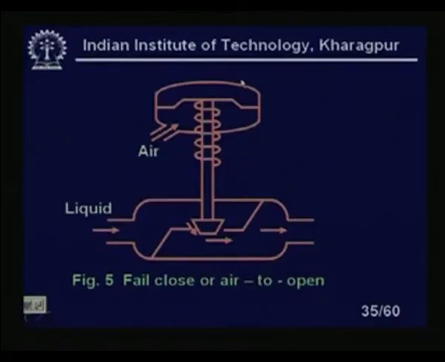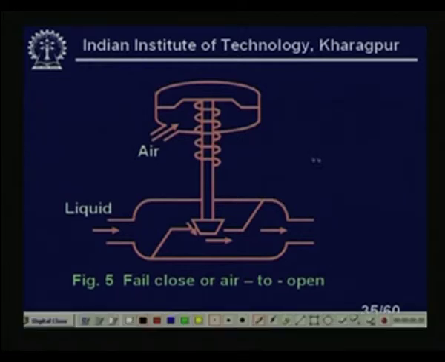Now if I put the pressure, the spring will never be in this position; it will always be in a squeezed position. So if I give the air, the spring will be like this.